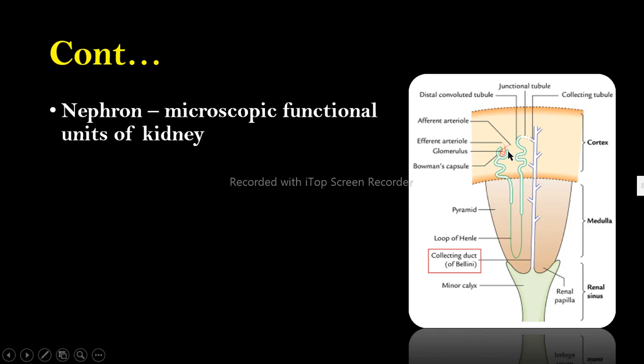This capsule together with the glomerulus, and the convoluted tubules, both the proximal and the distal, they are all found in the renal cortex.